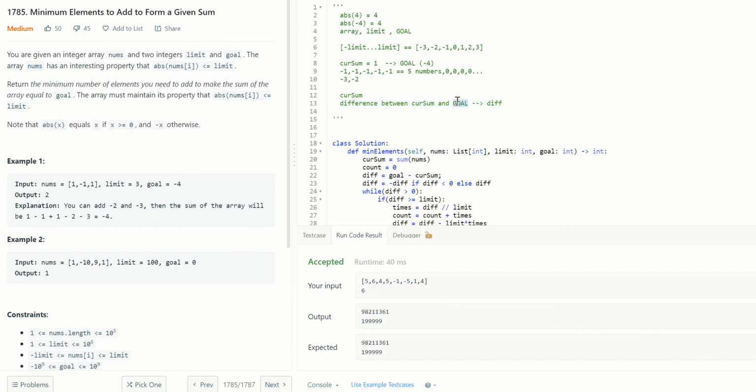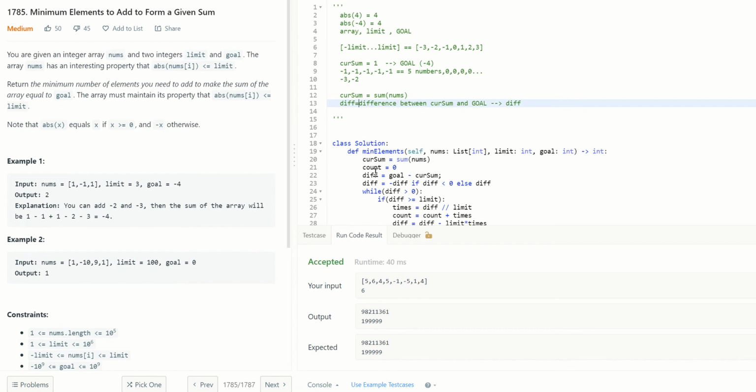The goal we have, and the cursum is the sum of the elements, the sum of nums. And the difference between cursum and goal we will call diff.